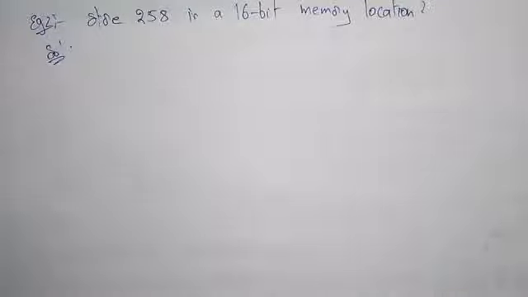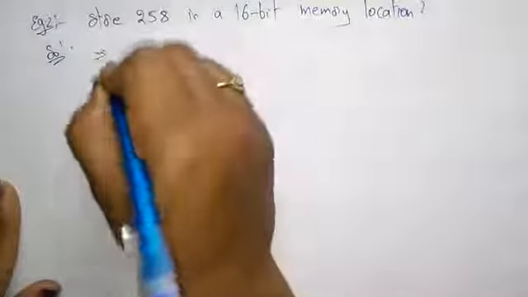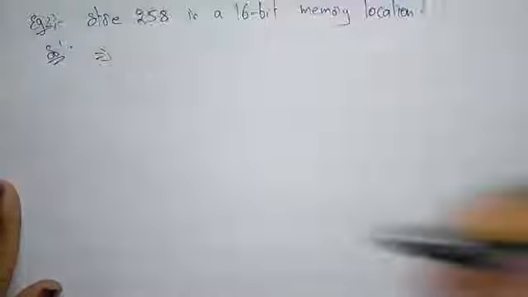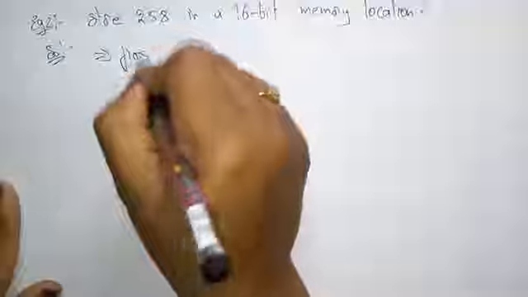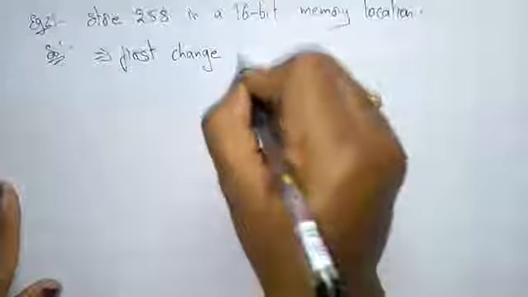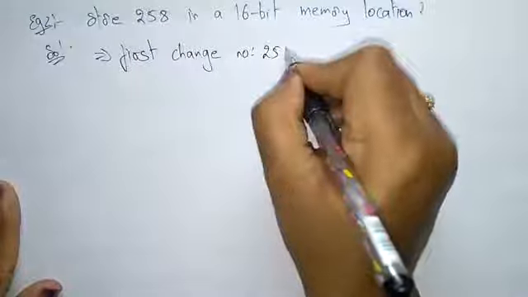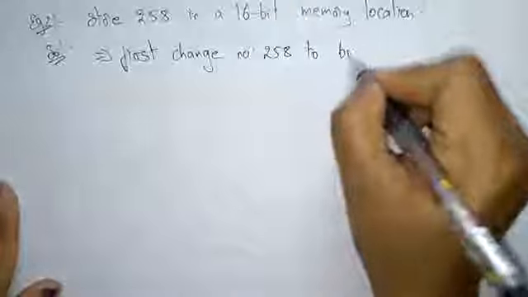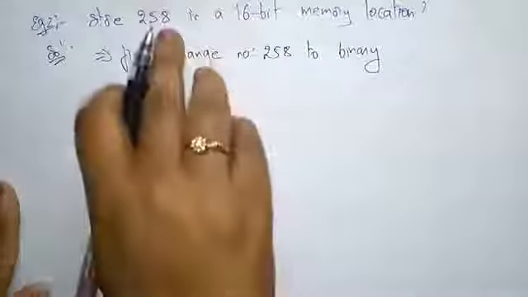That is the procedure. First you change that number to binary. First change 258 to binary. So what is the binary value of 258?